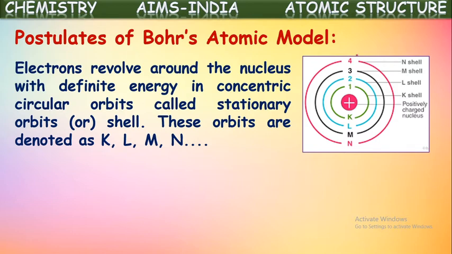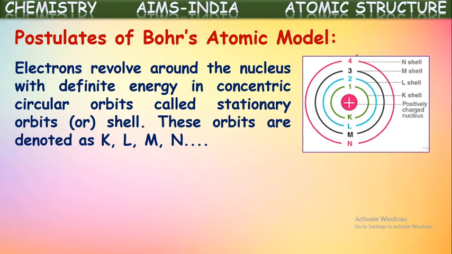Electrons are revolving around the nucleus in an atom in concentric circular imaginary paths. These imaginary paths are called orbits or shells. This point was there in Rutherford's theory also. Let us recollect it once.